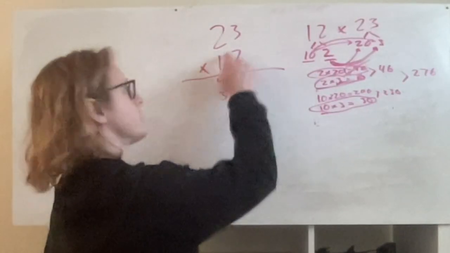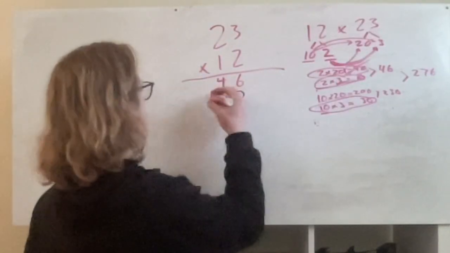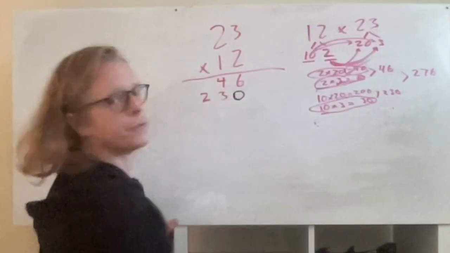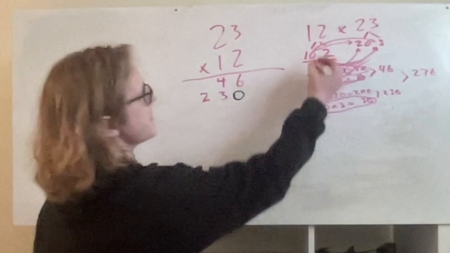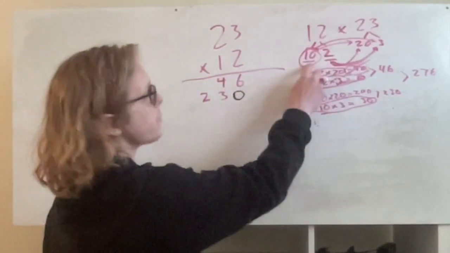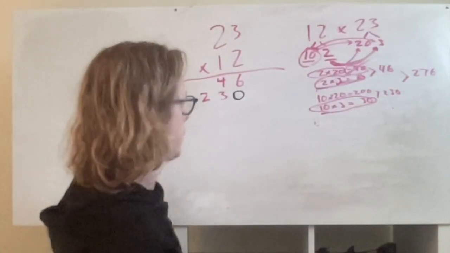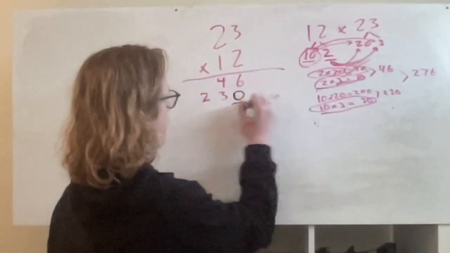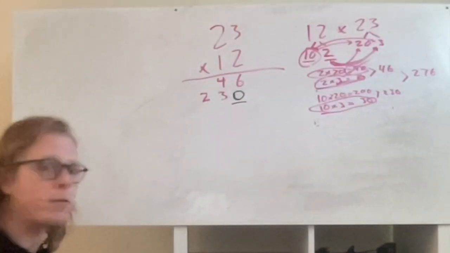head, I just say 1 times 3 is 3. 1 times 2 is 2, right? But we've talked about this idea of place value. This is a 10. It's not a 1, it's a 10. So because we're multiplying by 10, we're going to put this 0 here, and then I don't have to worry about remembering that it's a 10.